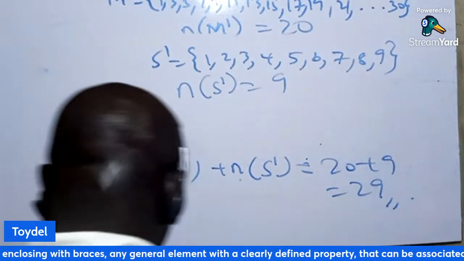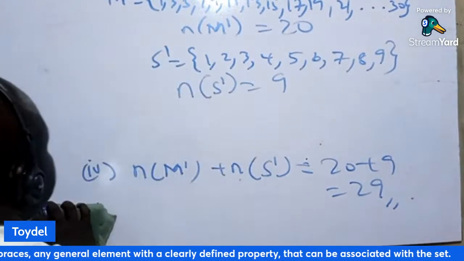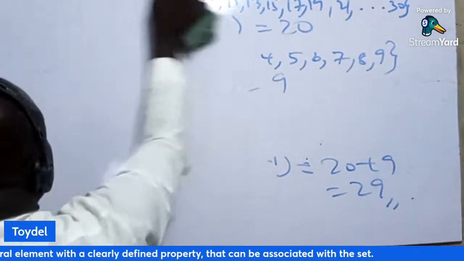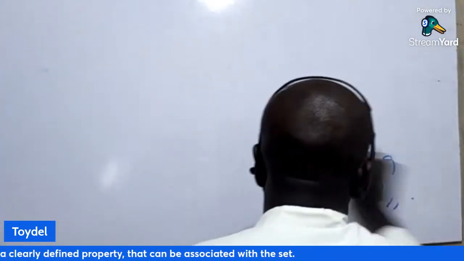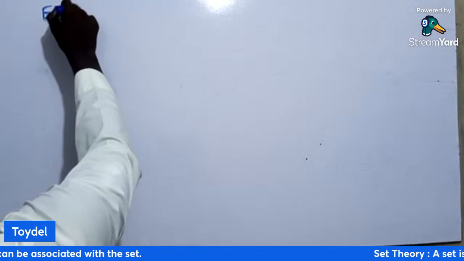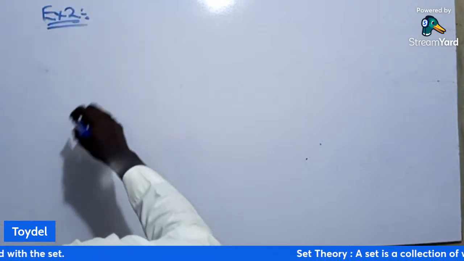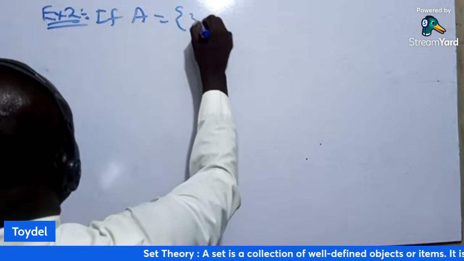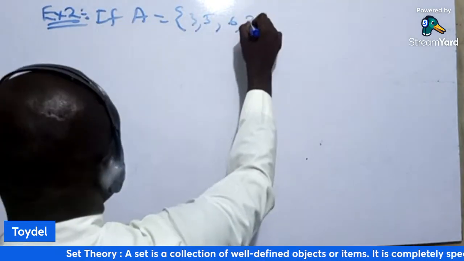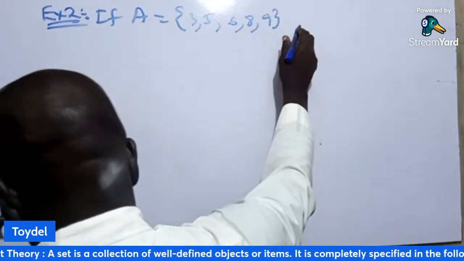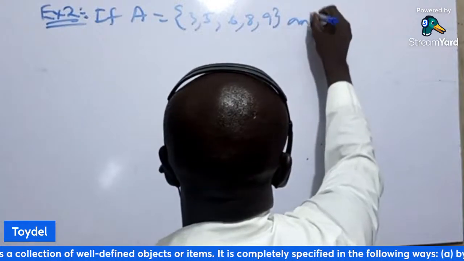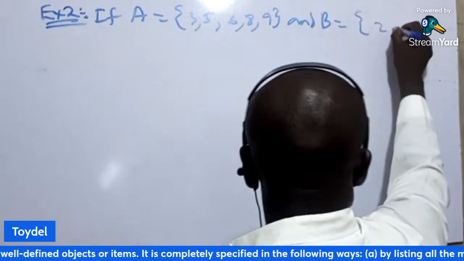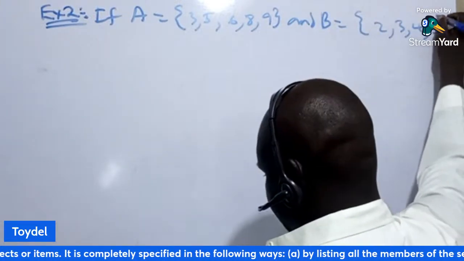So we can take another question. Let's take another example. Example 2. In this example now, we have A is equal to 3, 5, 6, 8, and 9, and B is equal to 2, 3, 4, 5.